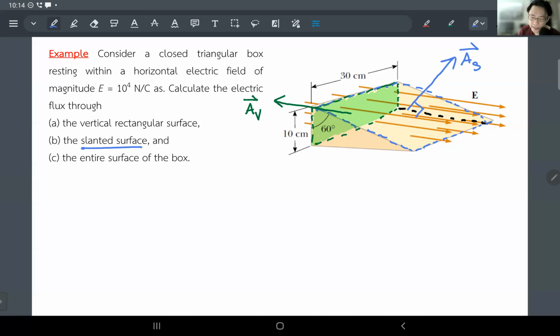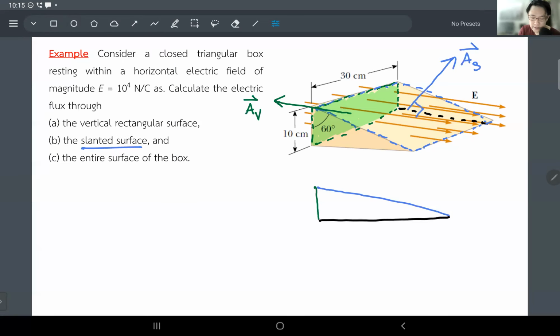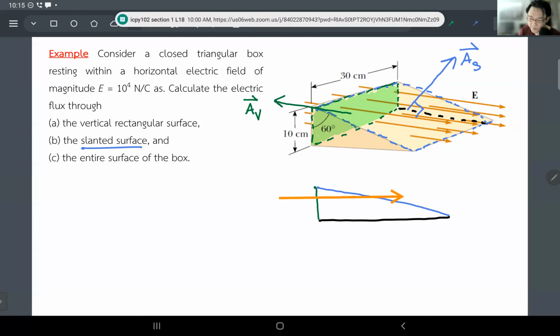All right, just to make it a little clearer, even look at the side view, guys. Side view could go something like this. The green is the vertical, the blue is the slanted, and the electric field vector is pointing in this direction here.